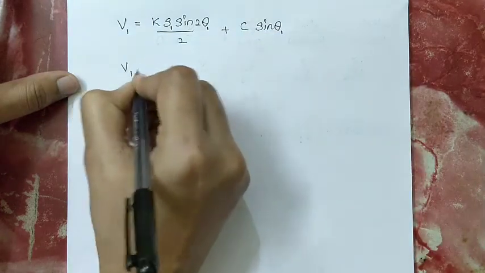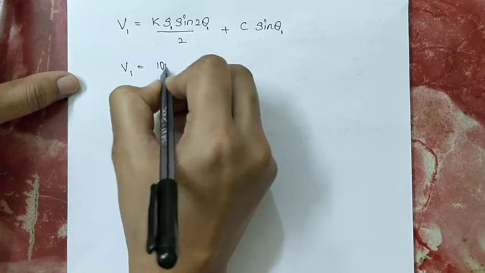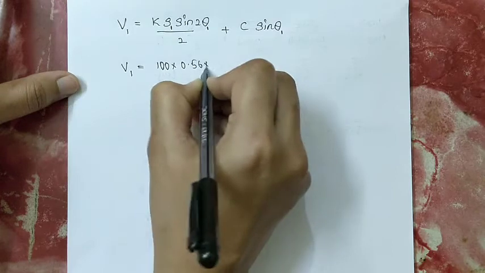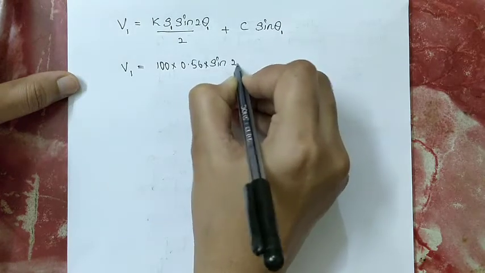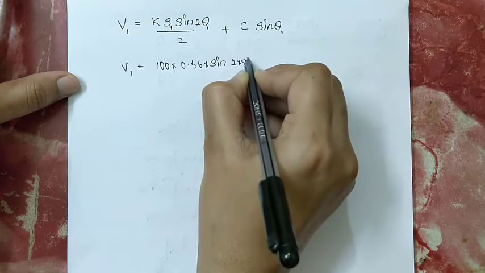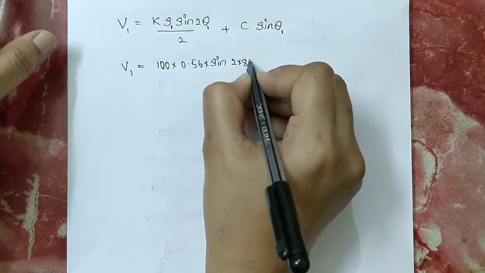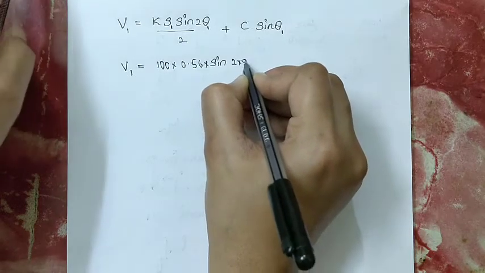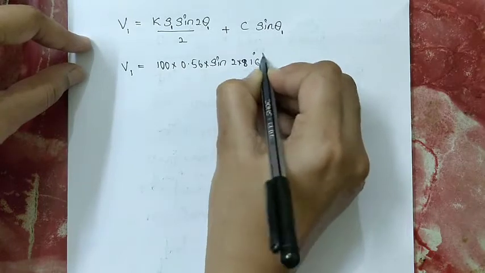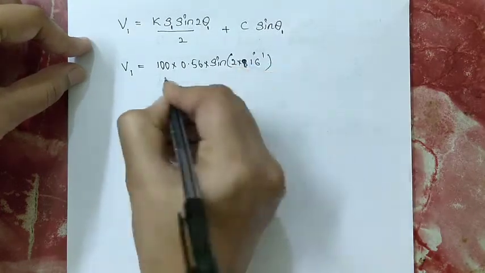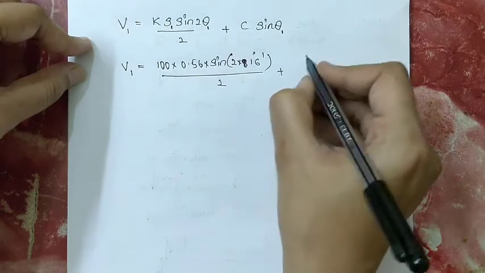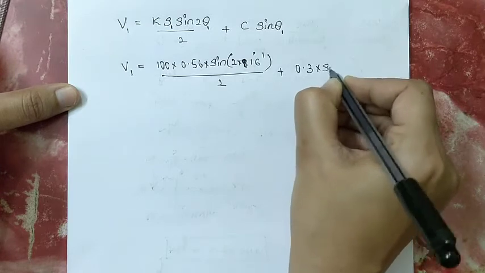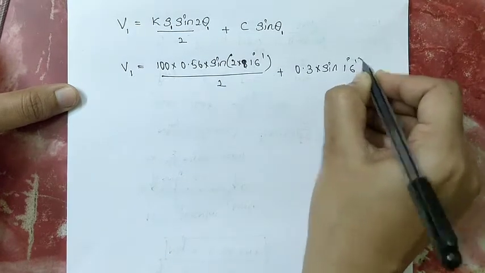Substitute the values and calculate V1. You know that K is 100, as given in the problem. The staff intercept S1 is 0.56, into sine of 2 theta 1, where theta 1 is 1 degree 6 minutes, divided by 2, plus C value, which is 0.3 as they have given, into sine of 1 degree 6 minutes.